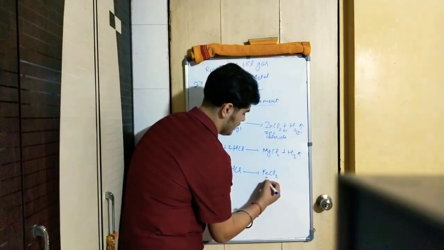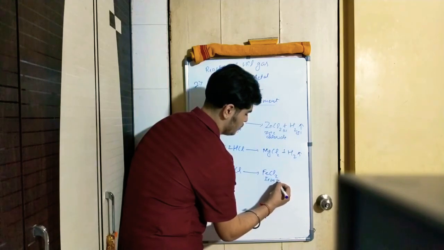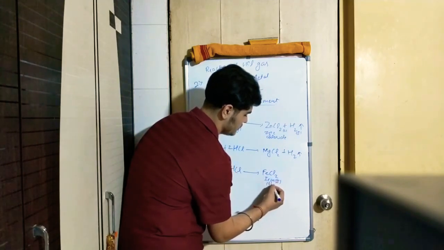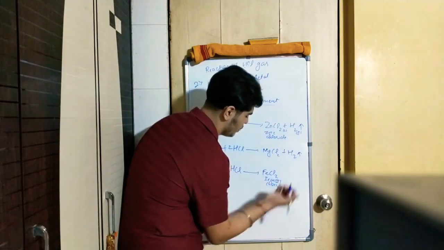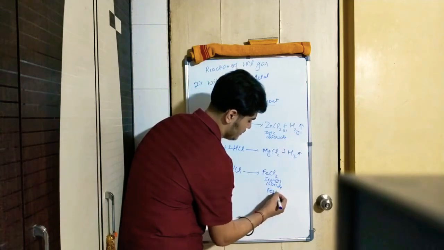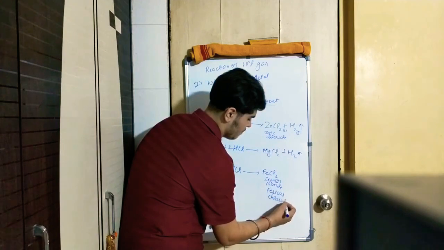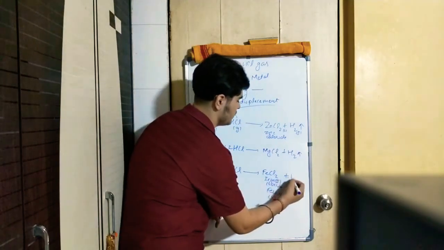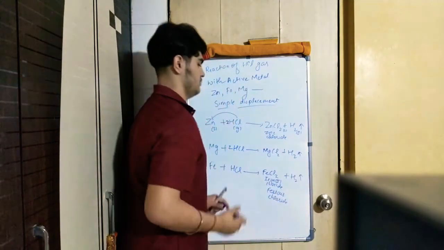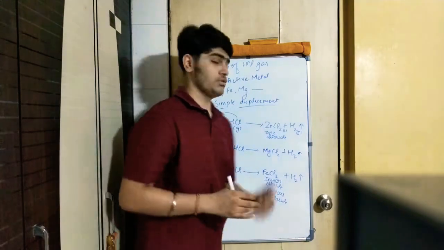So this is iron(II) chloride, or you can also call it ferrous chloride, plus H2. You can copy it down.